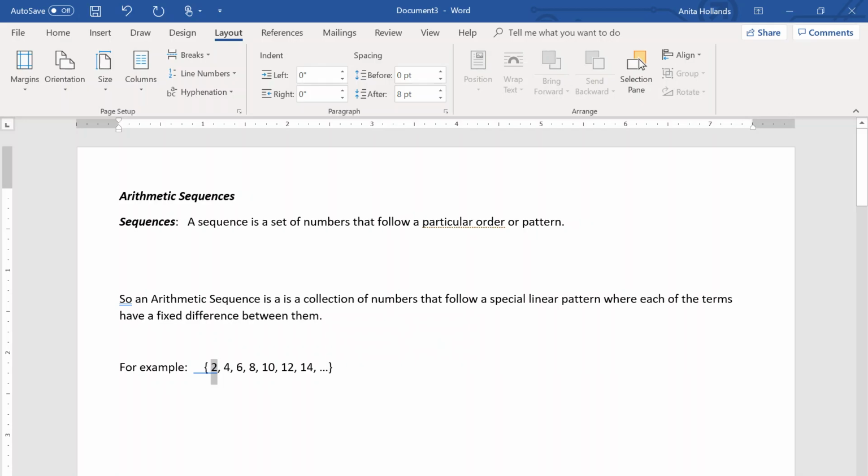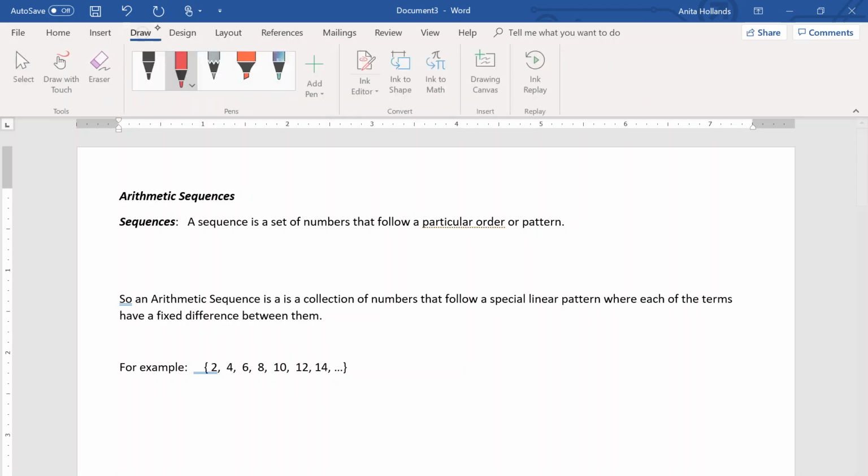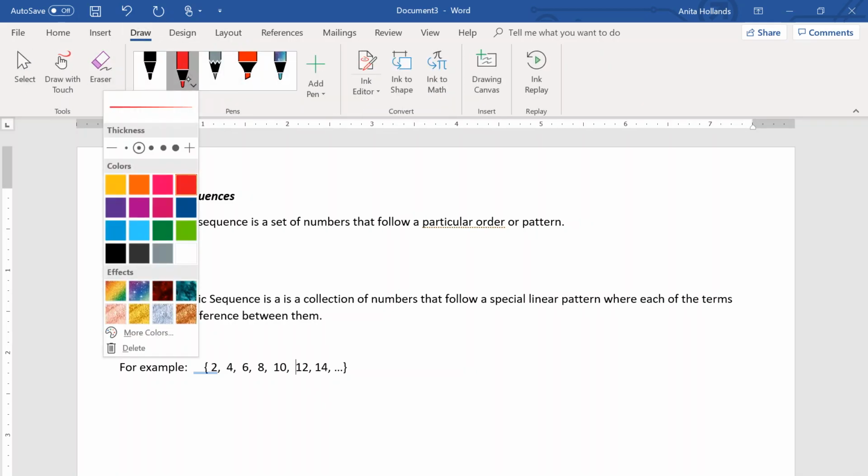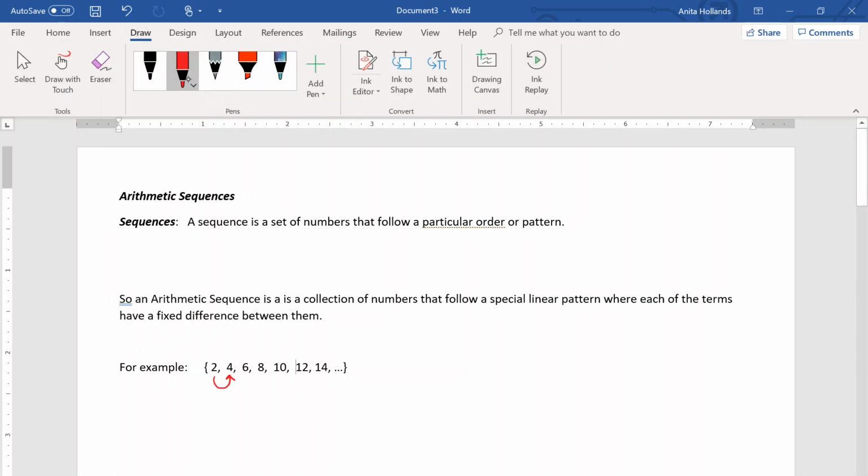Now, this is the first term in our set, and you'll notice that the difference between each of these terms is a fixed number. So here, to get from the first term to the second term, I have to add 2. To get from the second term to the third term, I have to add 2, and so on.